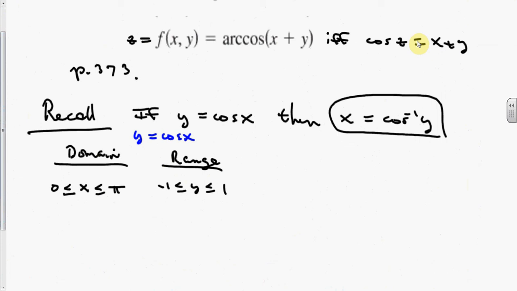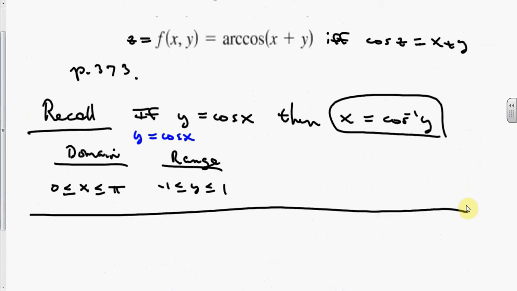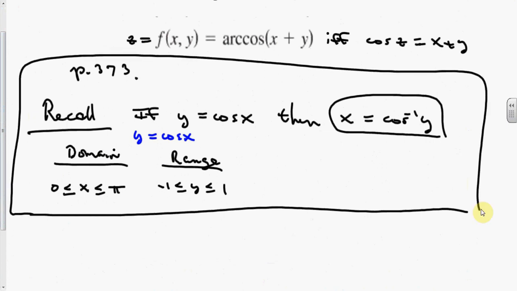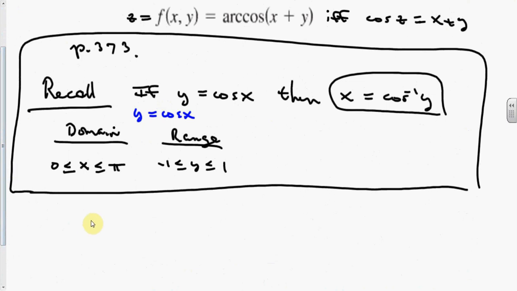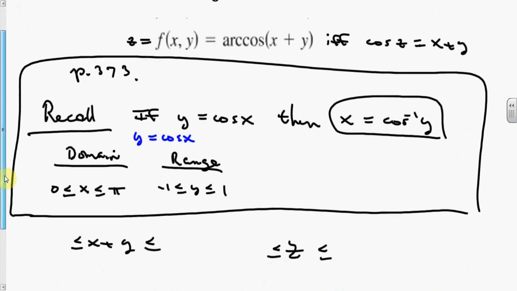So now with that in mind, x plus y is between what and what, and then z is between what and what.